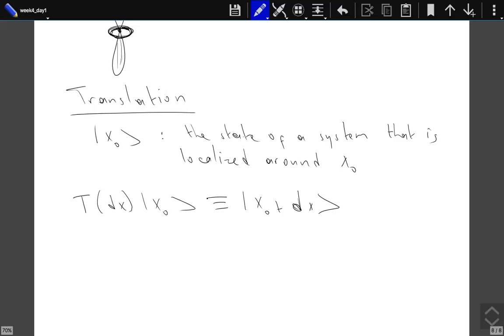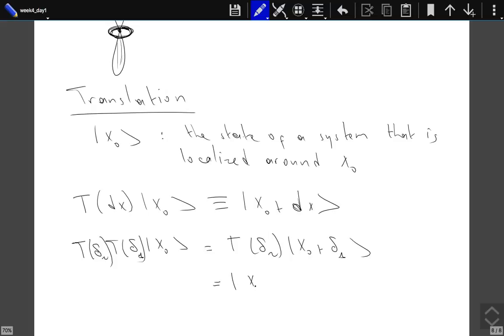Now, what else do I know about this translation operator? What else can I say? Let's say I have this x0. I translate it by, let's say, delta 1 first. Then I translate it by delta 2 next. This will be equal to translation by delta 2 of x0 plus delta 1, which is x0 plus delta 1 plus delta 2.